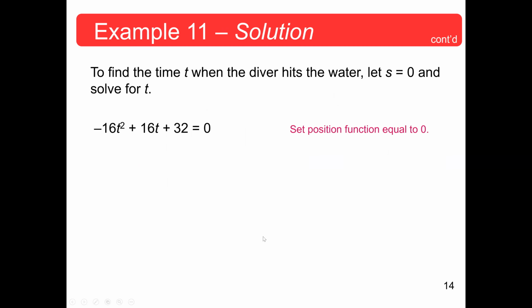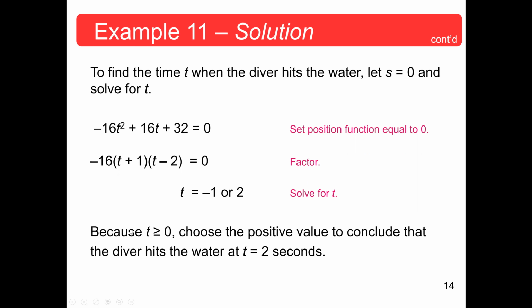Now we need to find the time t when the diver hits the water. So we let s equal to 0 and solve for t. By factorization, t gives us negative 1 or 2. Because the time has to be greater than or equal to 0, we choose 2 seconds.